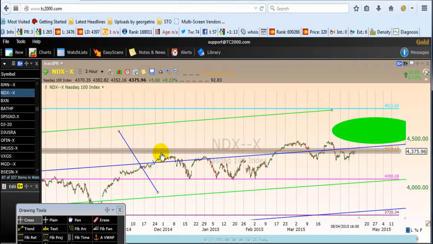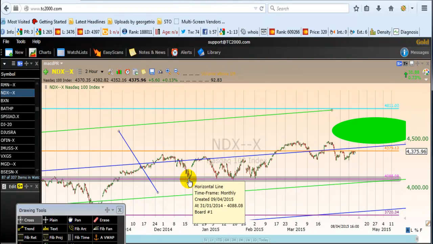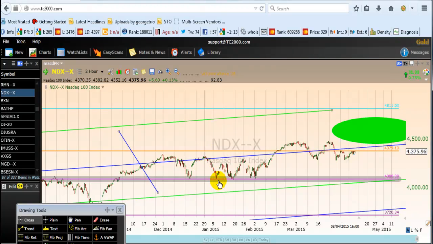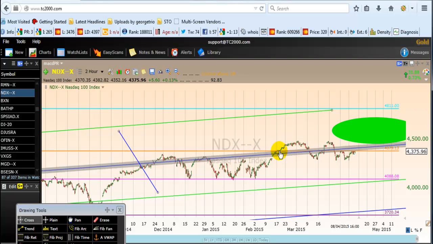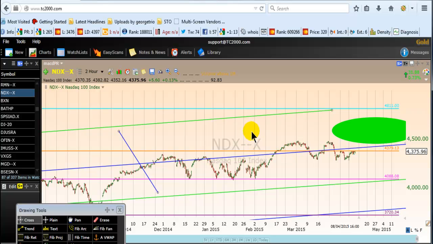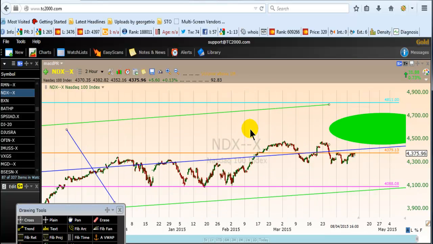You see here, it went up, came back down to the long-term equilibrium price level, went back to the short-term, came back down to the long-term. You see, it's consolidating here. It went above the short-term, only to come back below it. It went above it again, came back again. And here we are now on the edge of the short-term equilibrium price level. So that is a consolidation.